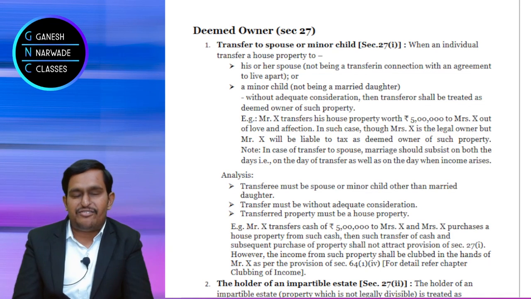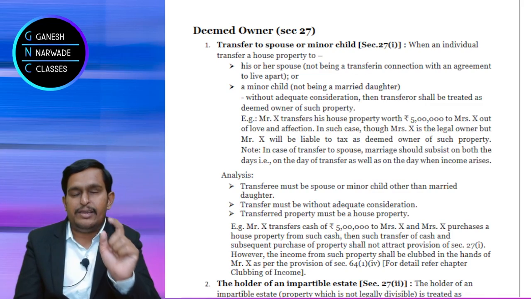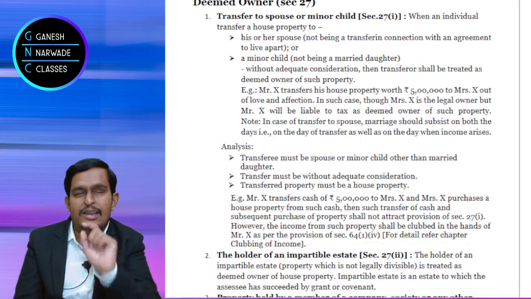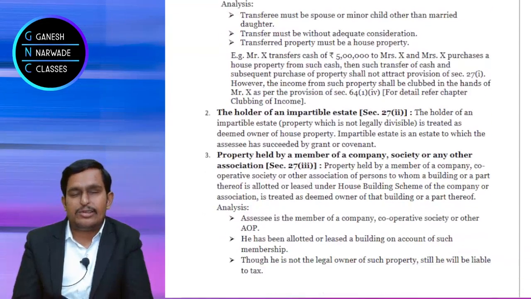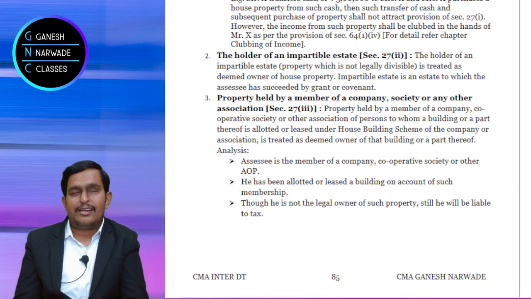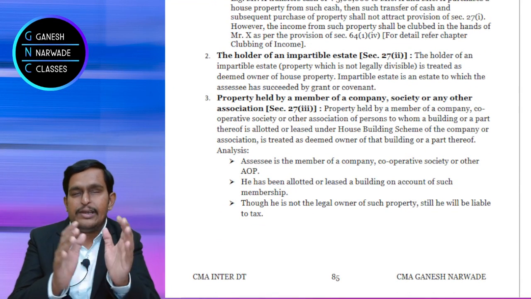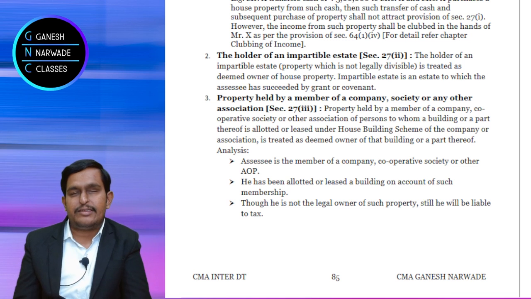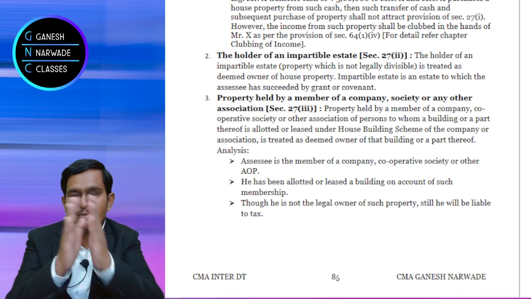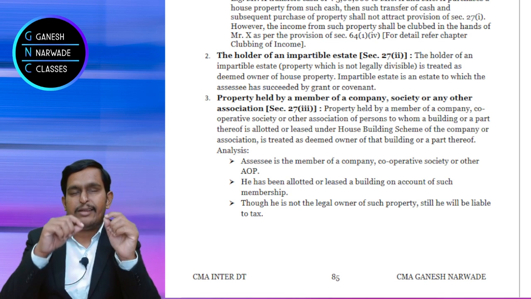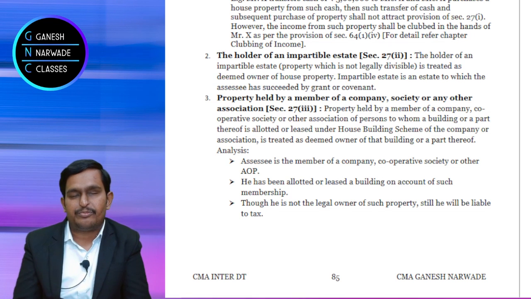Now, if you are a member of a company, cooperative society or an association, and these organizations are into house building schemes, that means they are constructing houses for their members and giving the members the possession rights of the house.